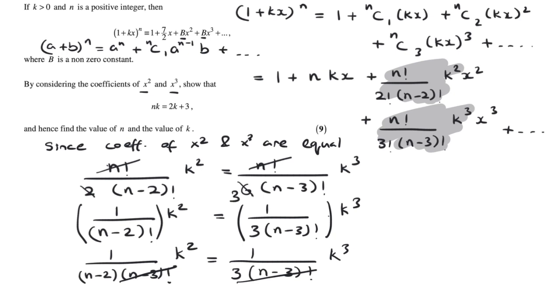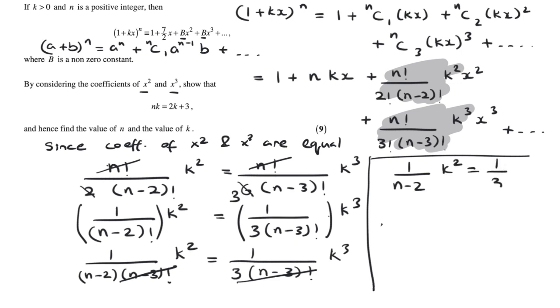So what I'm left with is simply 1 over n minus 2, times k squared, equals 1 over 3 k cubed. Now all I have to do is cross multiply, so 3k squared equals (n minus 2) k cubed.